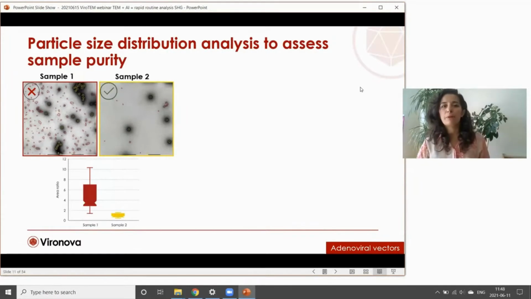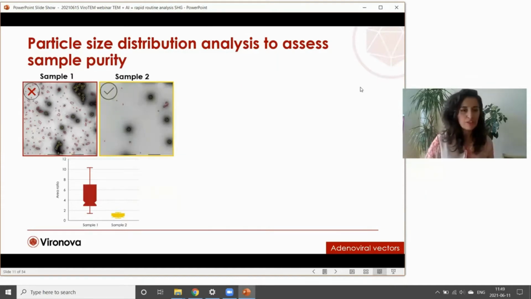So when we talk about particle size distribution, we can use particle size distribution analysis to assess sample purity. Here to your left, you can see two samples with adenoviral vectors where we did a measurement of the amount of debris in each of the samples. You can clearly see by visually looking at it that sample 1 has more debris than sample 2. Sample 1 is less pure than sample 2.